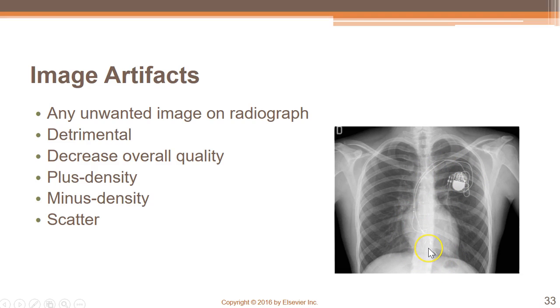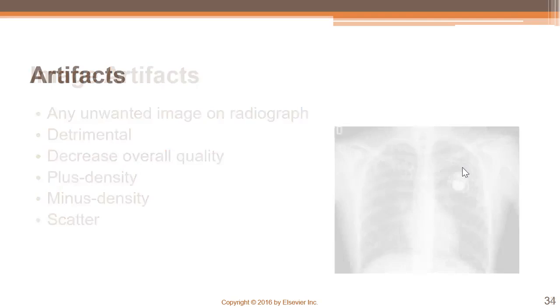And in fact, you will do lots of these x-rays so that they know that the wire is going exactly where it's supposed to be. And so this is an artifact that is not necessarily unwanted. You need this. So this is different from other types of artifacts. When we talk about an artifact, it's something that you do have control of taking off or not having on your film. Okay? So let's make sure that you understand the difference.